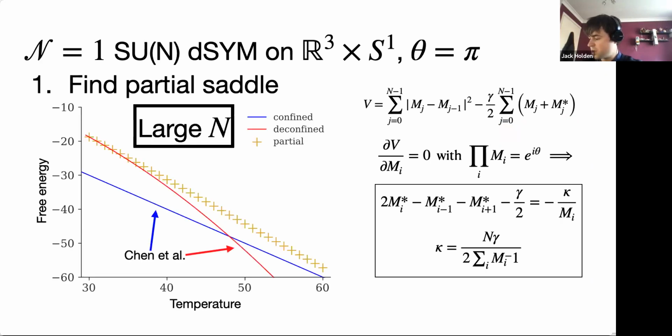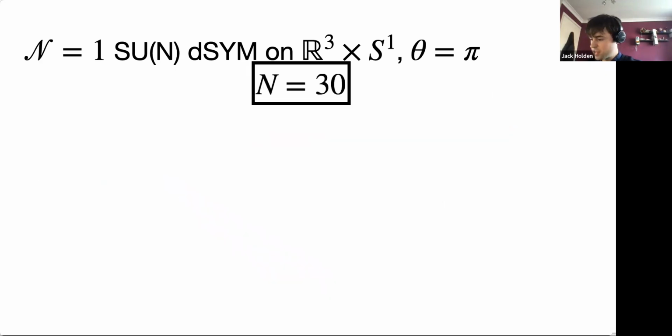So we can solve for the saddle point, and this allows us to obtain this partial phase, which connects between the deconfined saddle and the confined saddle. So this is what we would expect for the partially confined phase.